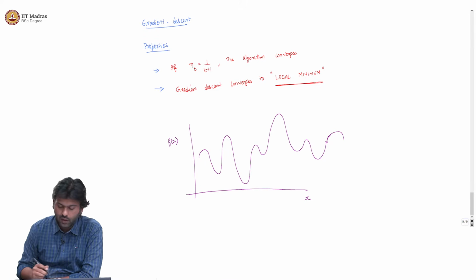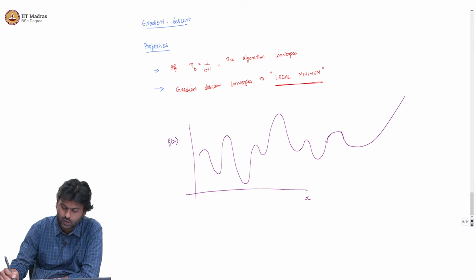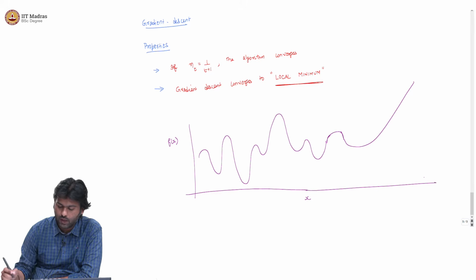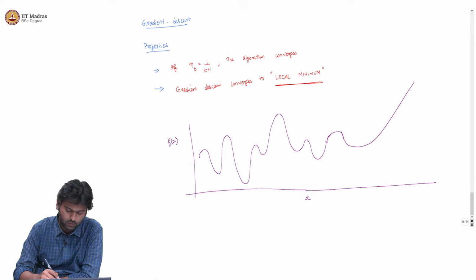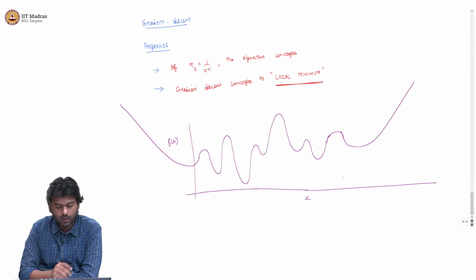Now, let us say after this the function simply goes up. We do not care about its value after this point, and we also do not care about the left side. It is only in this region that it is wiggling a lot. So the minimum cannot be on the far left or right, it is going to be somewhere here.